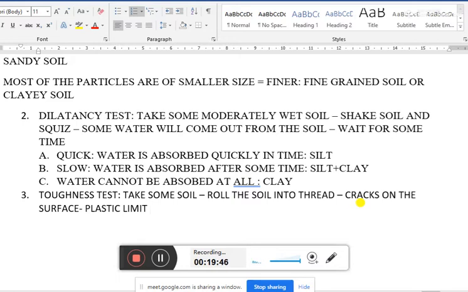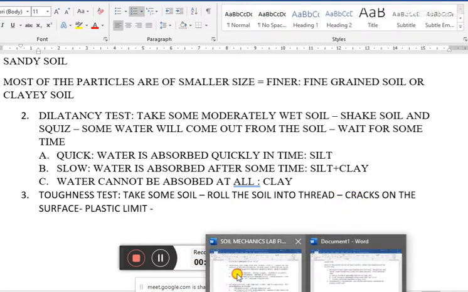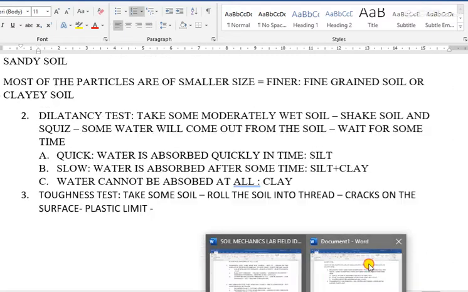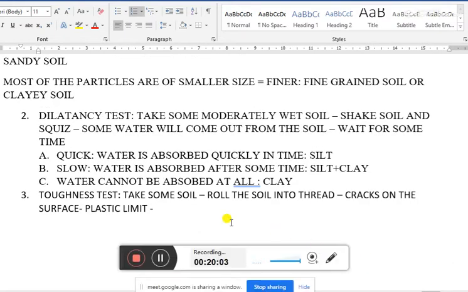That is, after reaching the plastic limit, again you have to knead the soil, or make the soil into a lump, and then again try to roll it.